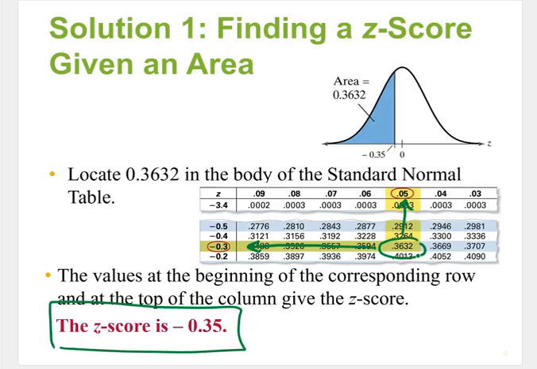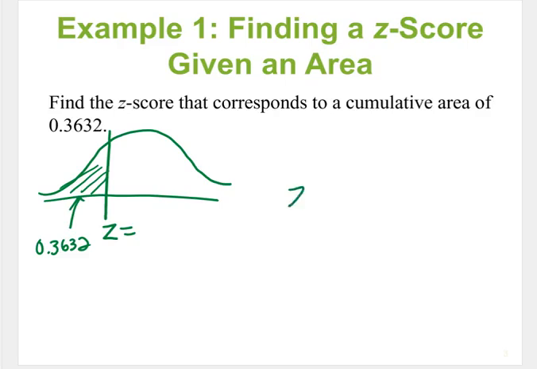So if your area is less than 0.5, you're going to be on the negative Z table, and if you have a probability higher than 0.5, then you're going to be on the positive Z-scores, because you are above and below. All right, so I can go back here, and that Z would be negative 0.35.